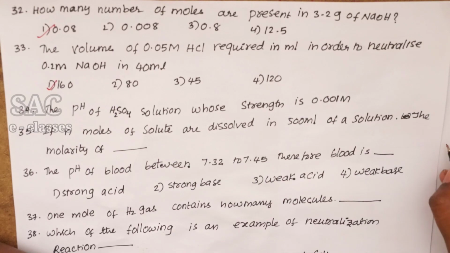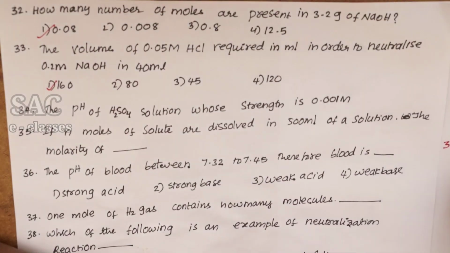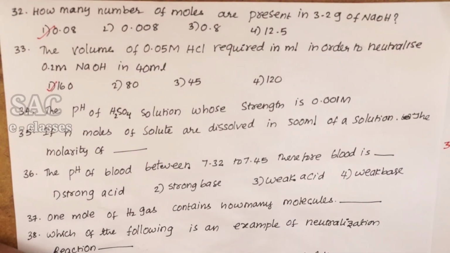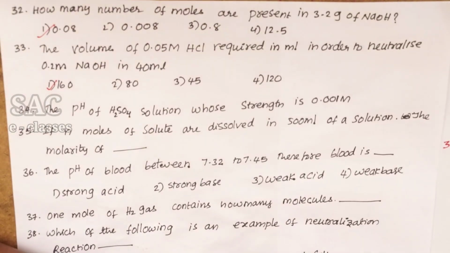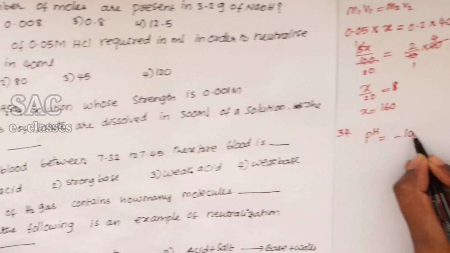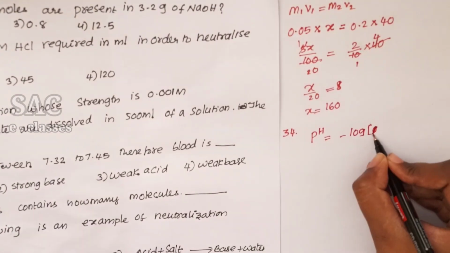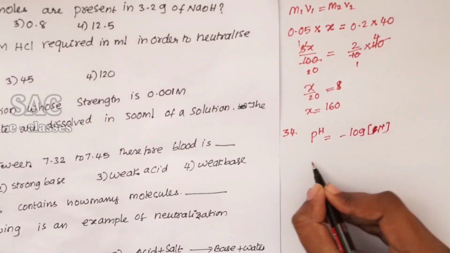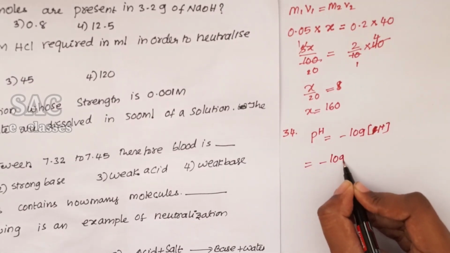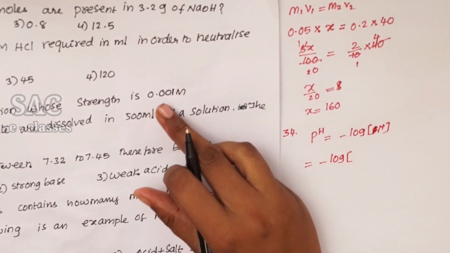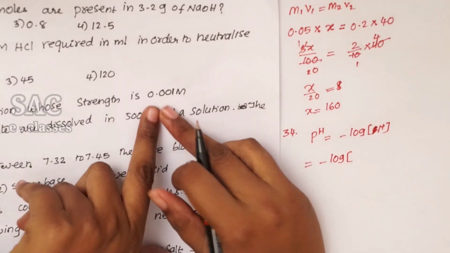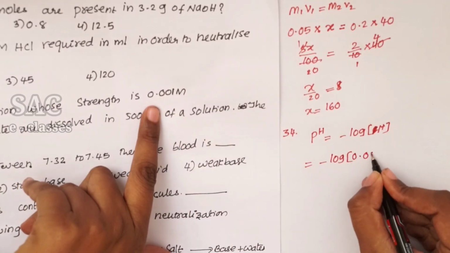Look at problem number 34. The pH of H2SO4 solution whose strength is 0.01 molar. We know pH can be calculated as minus log of H plus ion concentration. Minus log of the strength of the H2SO4 is 0.001.